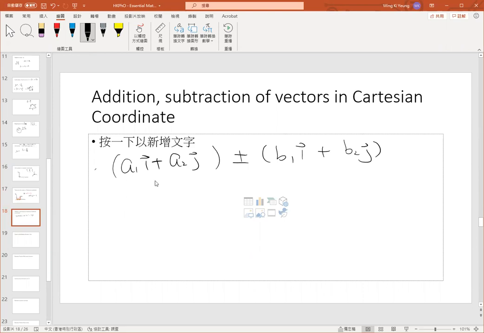After you do the addition and subtraction, it becomes like this one. It just looks like you are treating i and j as unknowns, x and y. Let's say 3x plus 3y, x plus 2y, and then you're doing the addition and subtraction like this. I think it's easy. Then let's move on.